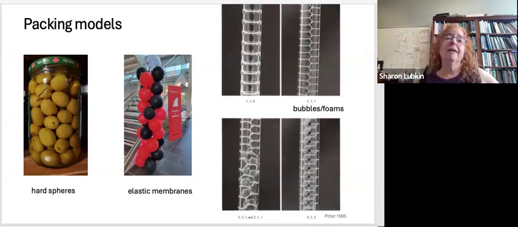So we have thrown several different mechanical models at trying to understand what's going on in the notochords, ranging from a hard sphere model to a soap film model to elastic membranes. I'm going to mostly talk about a soap film metaphor and an elastic membrane metaphor, but we were also looking at soft spheres, which you're going to see fairly soon in the experimental portion.